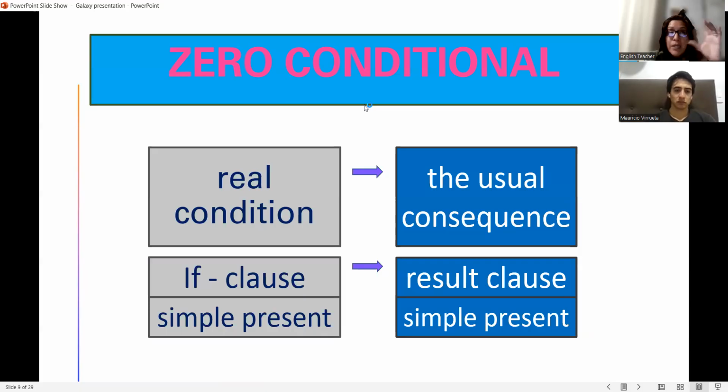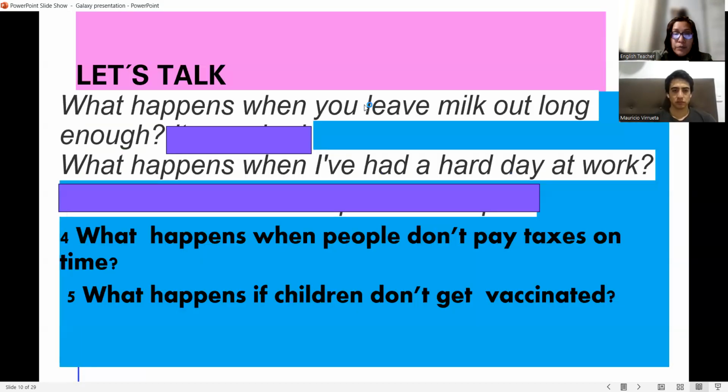When I say present, you can use present continuous, you can use must, can. But we cannot use could, because could is the past. We cannot use will, because will is future. Going to is future too. So we need to be very careful there.